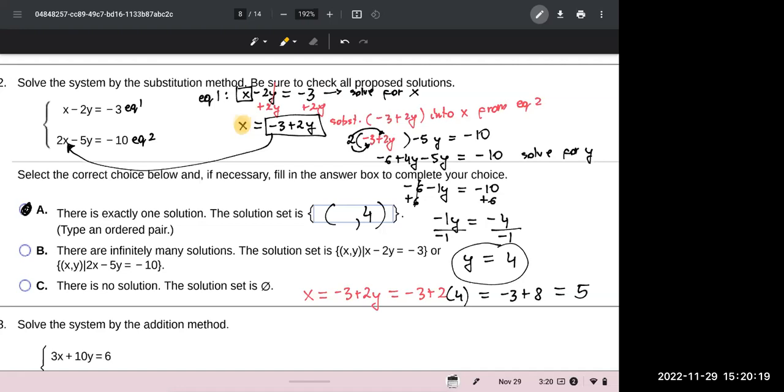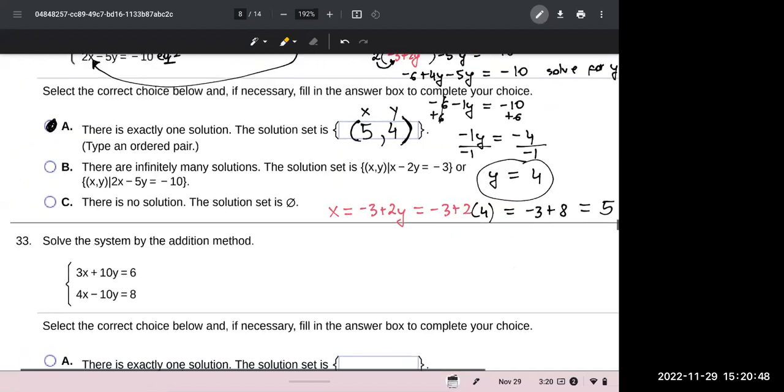So the solution is the ordered pair (5, 4). This is x, this is y. Okay, just make sure that you type that in parentheses, (5, 4). So that means we have one solution. It's a point. Equation 1 represents a straight line. Equation 2 represents a straight line. Those two straight lines will intersect at the point with coordinates (5, 4).